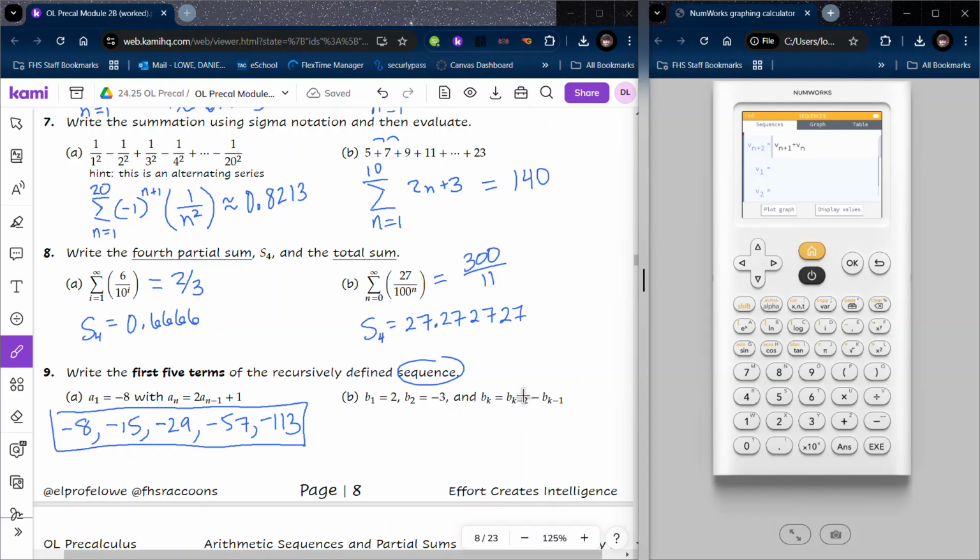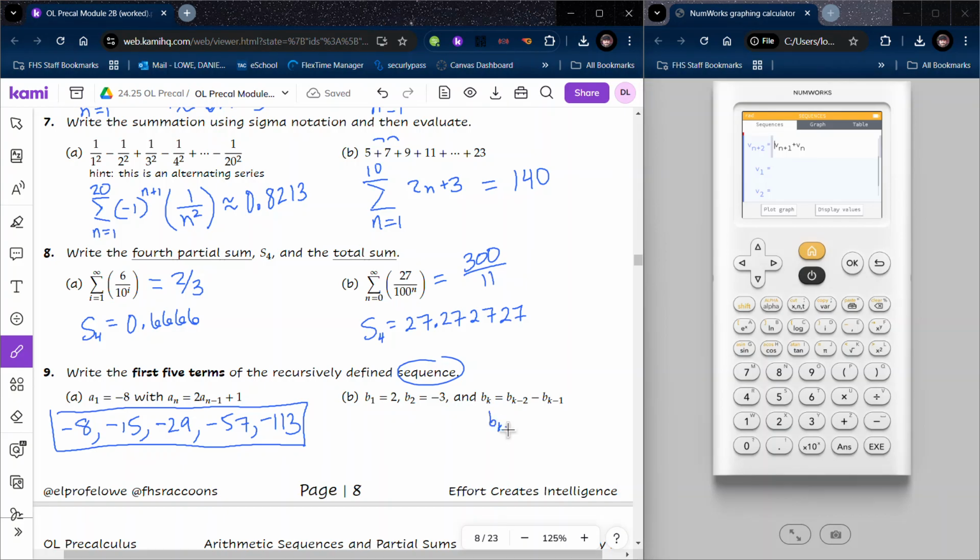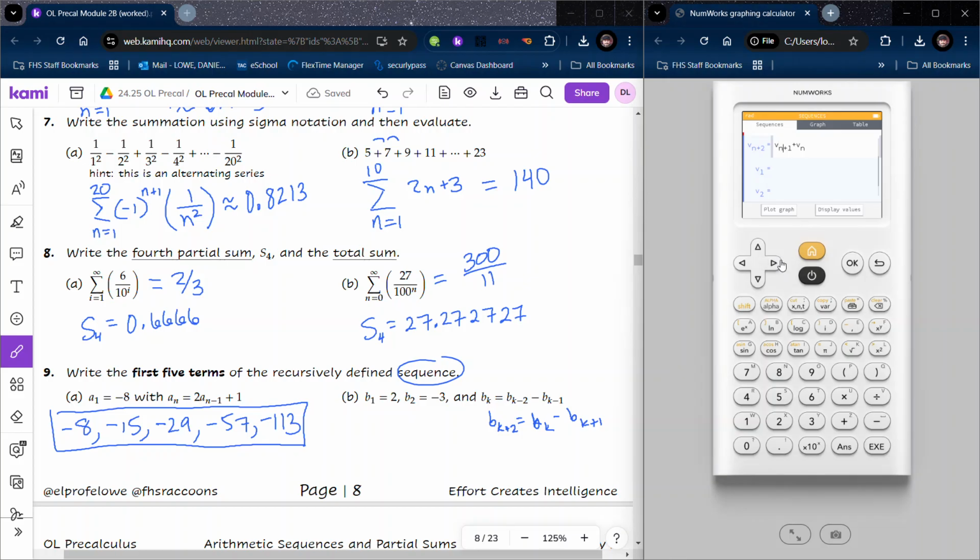But if I look at what I have in this case, I would be able to say that b sub k plus 2 is going to be equal to b sub k minus b sub k plus 1. If I replace k with k plus 2, that's k plus 2 minus 2, k plus 2 minus 1. So I have to be aware of how to work with this.